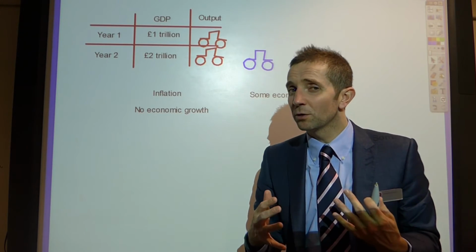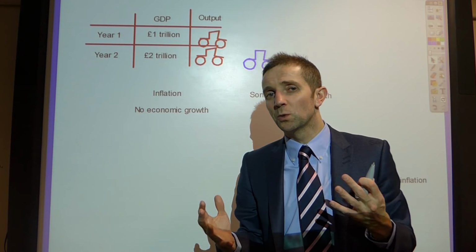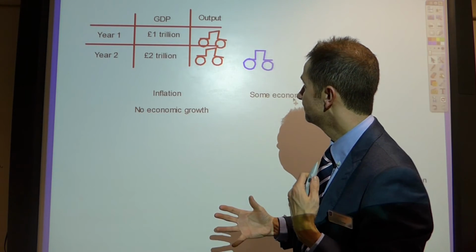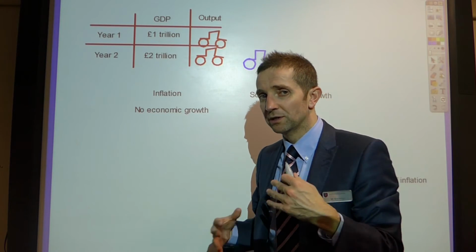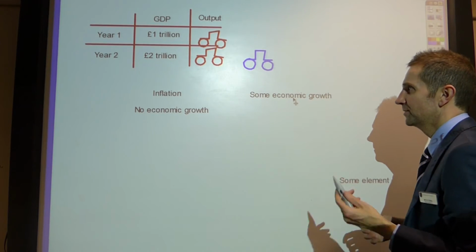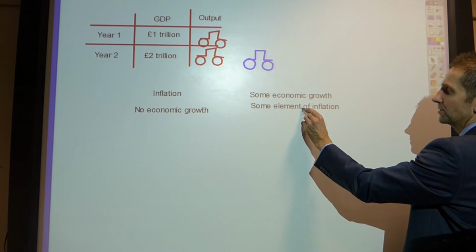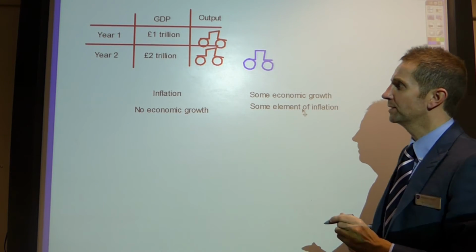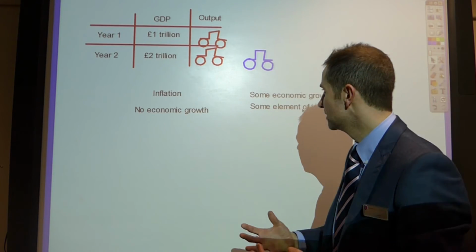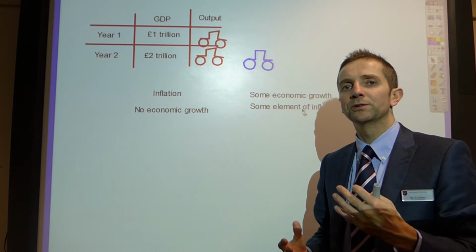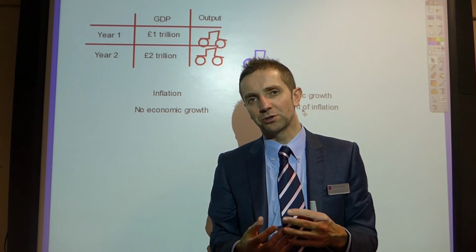It's unlikely, of course, that that additional one car of output is going to be worth £1 trillion, although it might be, in this very basic assumption, an example. So we could possibly say here that there'll be some element of economic growth and also some element of inflation.